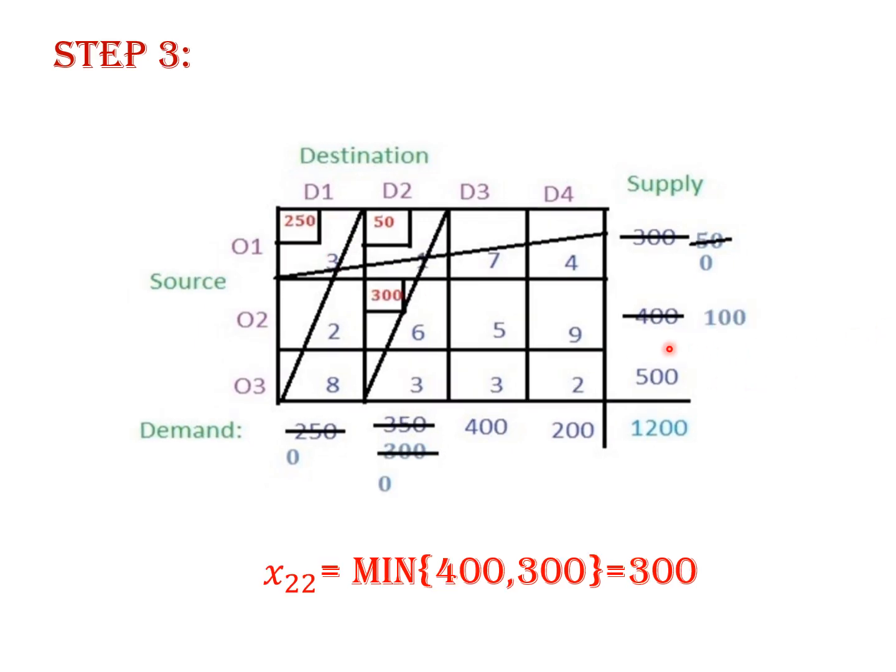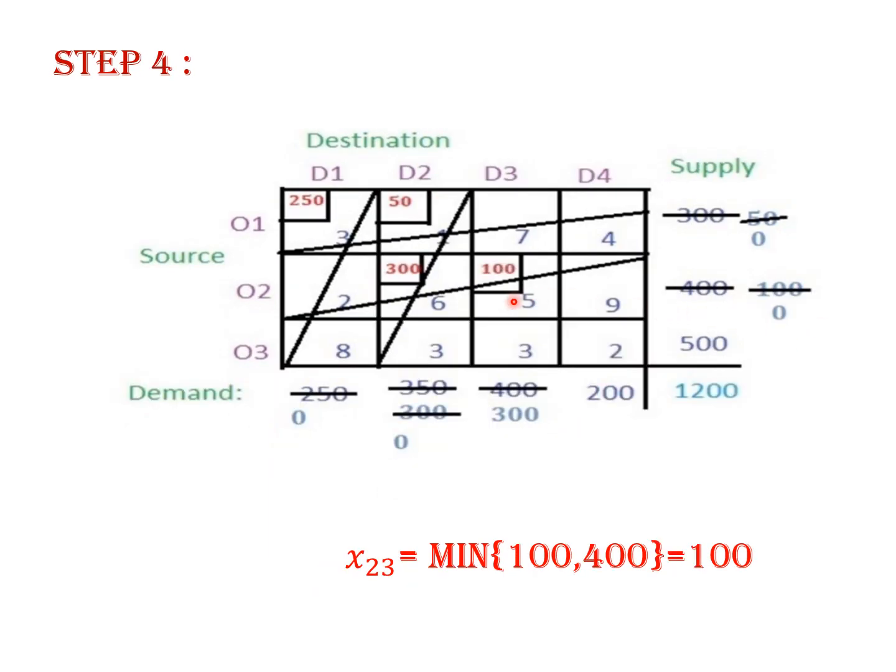Next step, the northwest corner is x22. We have to find the initial basic feasible solution for this cell. x22 is equal to the minimum of S2, D2: 400, 300. The minimum element is 300. So we cross the second column. Subtract 300 from 400. We write 100 here.